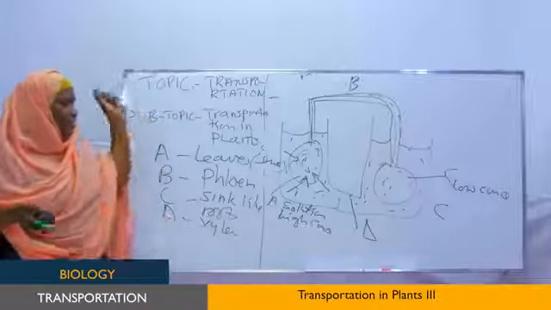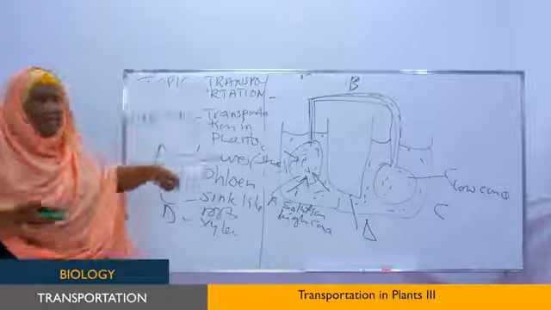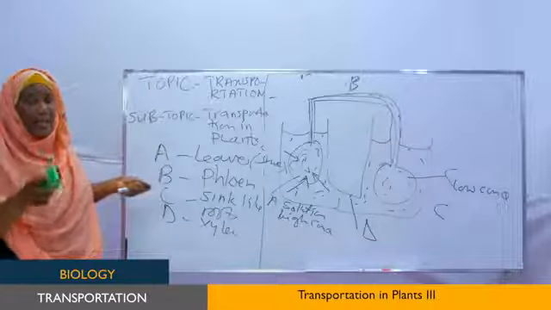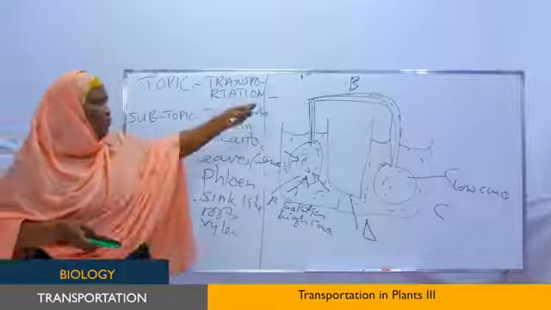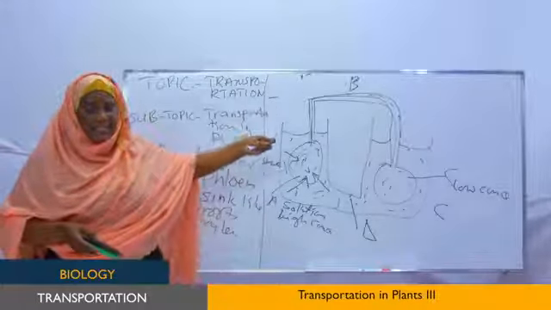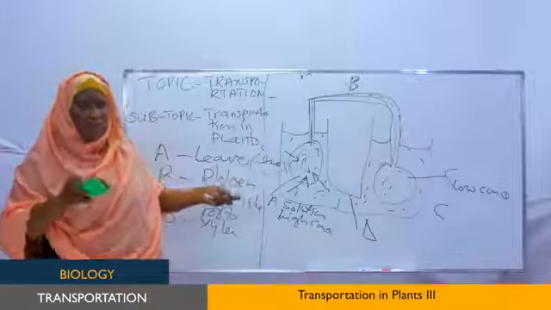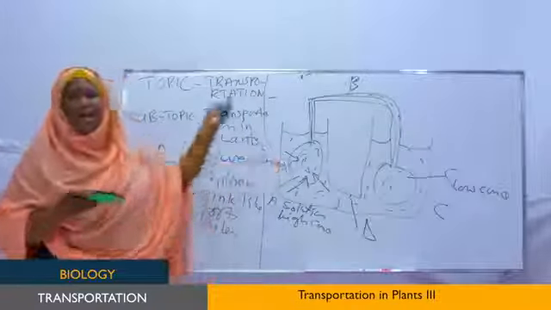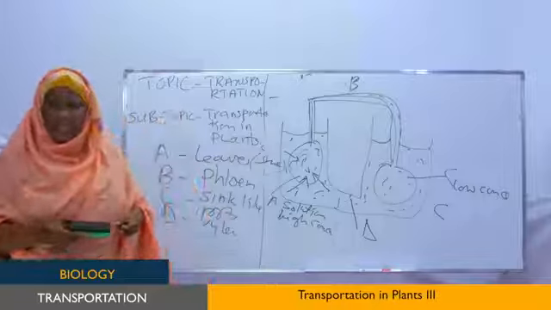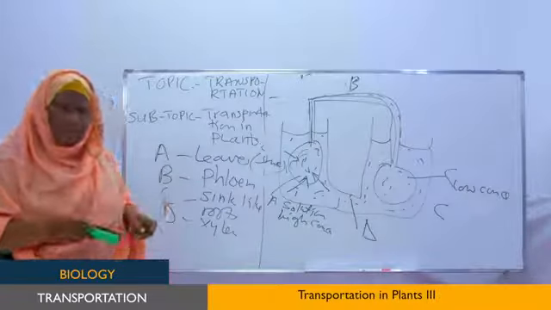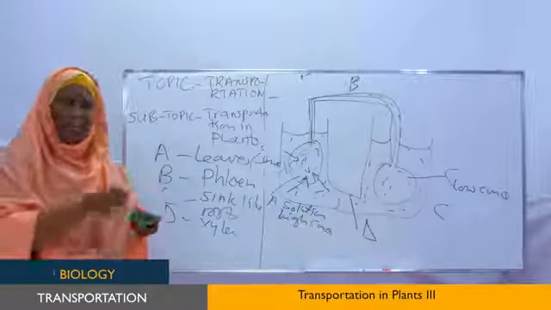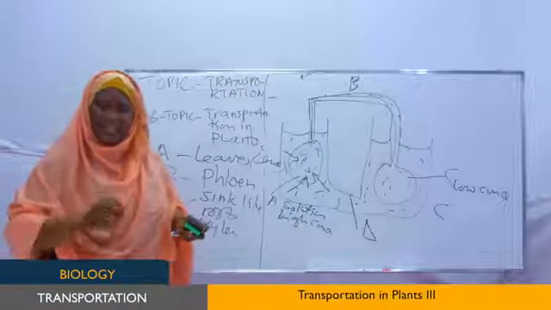Okay. Then, as usual, if we want to understand more about how that model works and how that model can be applied in living plants, you are required to sit down and try to answer that question.